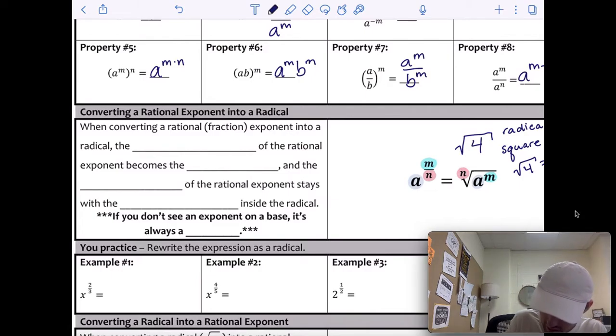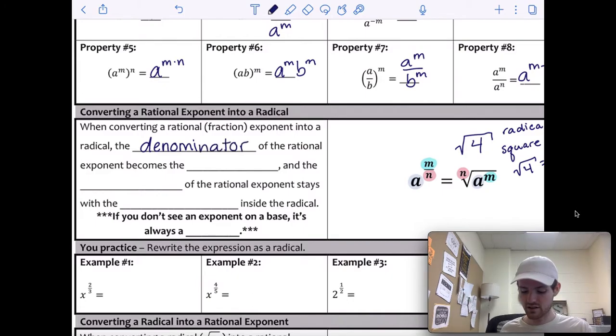Yes, the denominator of the rational exponent becomes the root number. The numerator of the rational exponent stays with the base.